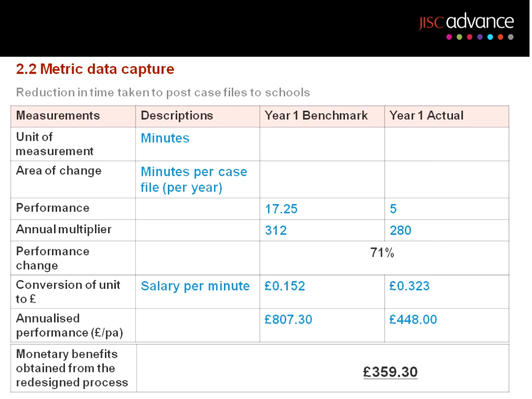So their salary cost per task had actually gone up, almost doubled as a result of this. But as we can see, as we sort of go down to the annualized performance, even with that in mind, they're actually saving £359 per year.